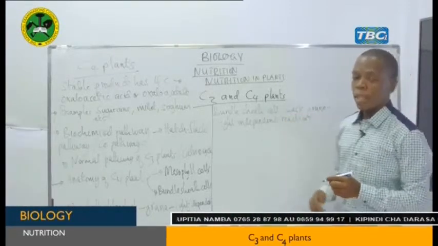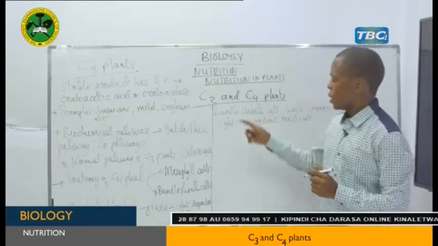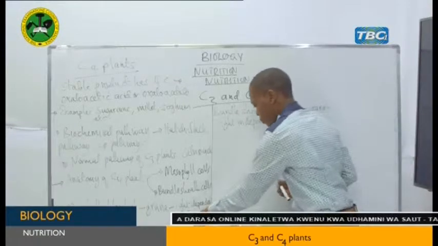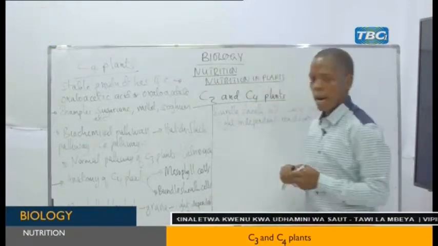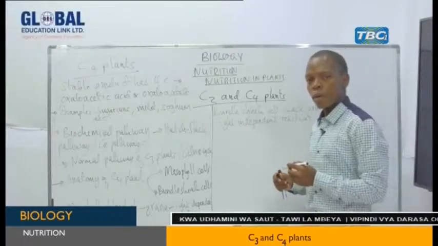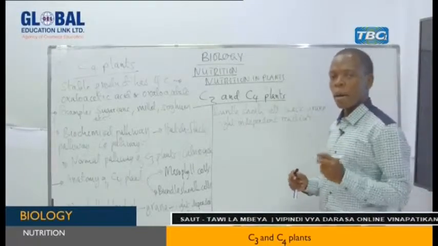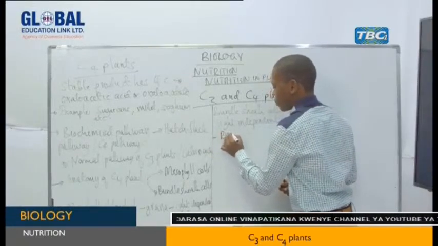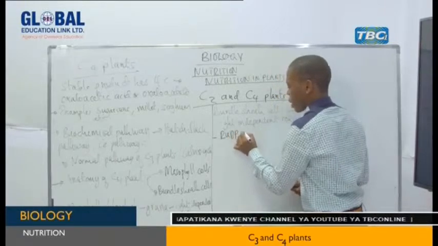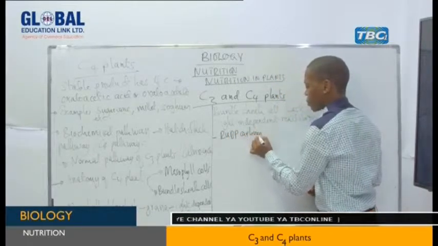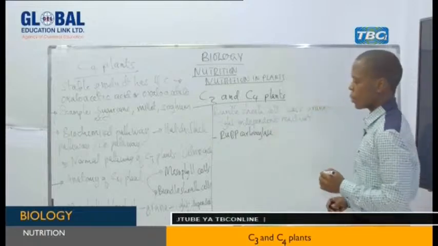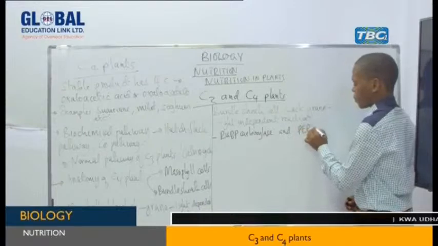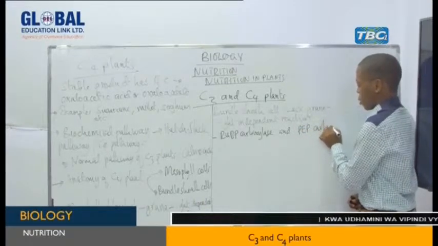But also, in this C4 plant, there are different enzymes involved during this process. These enzymes are RuBisCO carboxylase and PEP carboxylase.